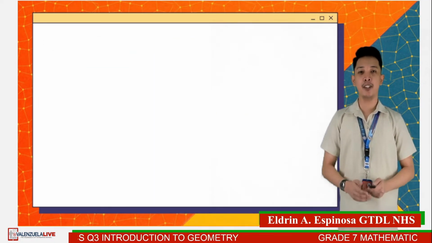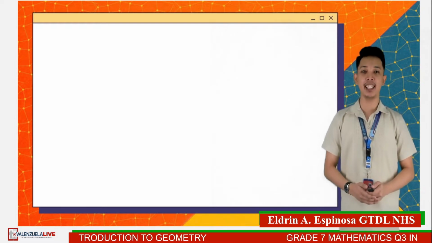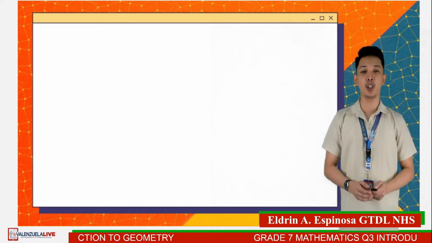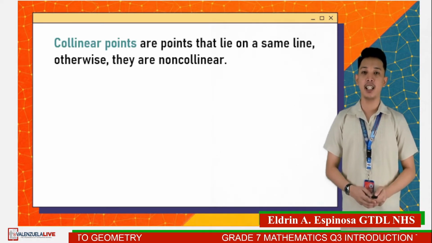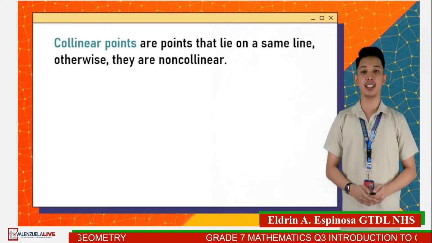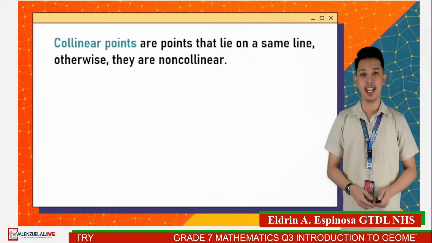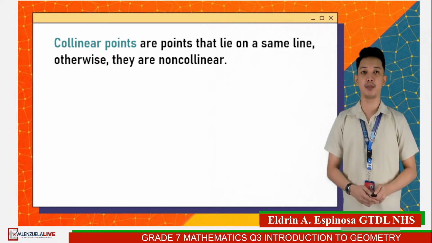Moving on, from those three undefined terms, all other terms in geometry can be defined. Here are other basic geometric terms on points, lines, and plane. First, the collinear points. Collinear points are points that lie on the same line. Otherwise, they are non-collinear.